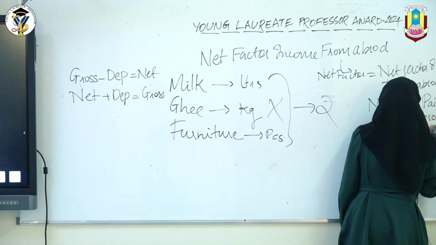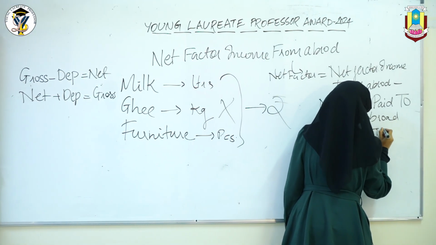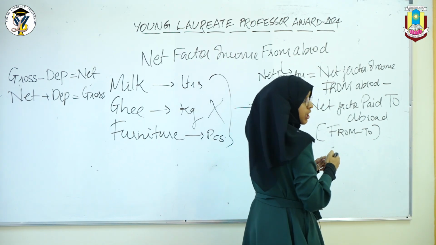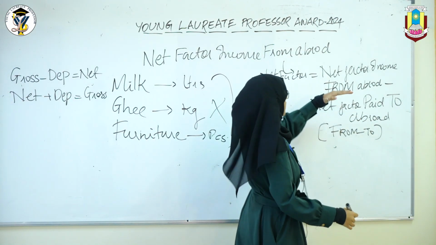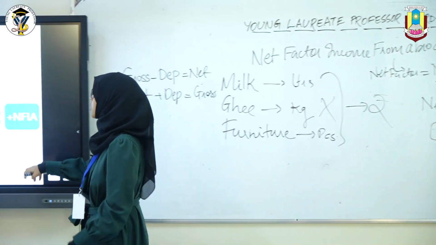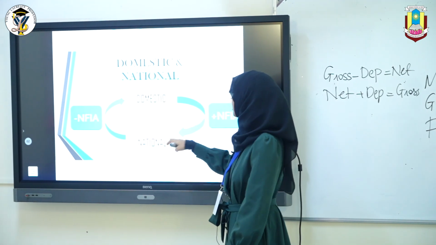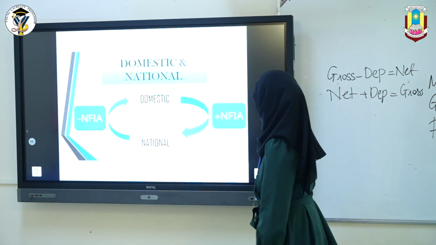So, in simple terms we can say it is from minus to. This can also be negative when the net factor income paid to abroad is more than the net factor income from abroad. When we add NFIA, it becomes national, and when we minus NFIA, it becomes domestic.